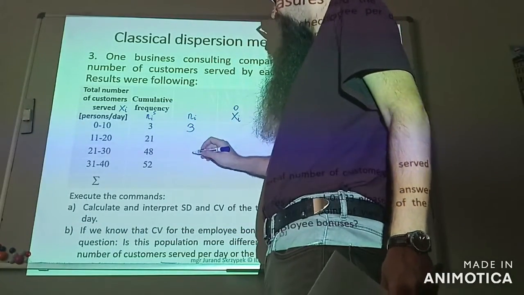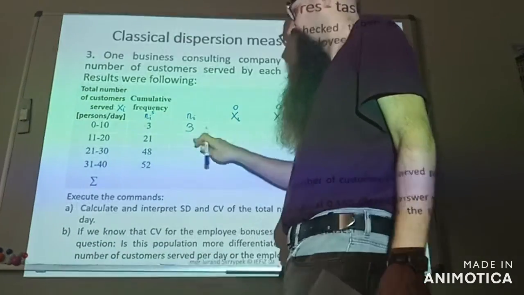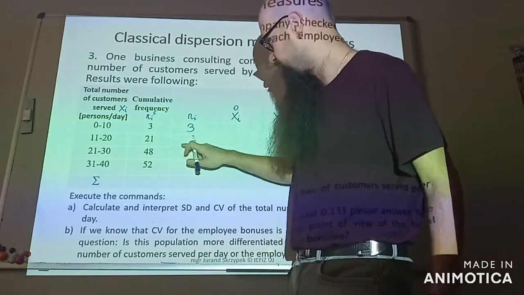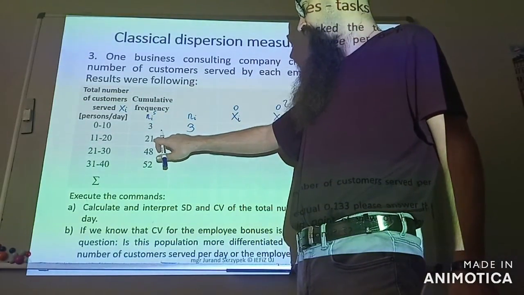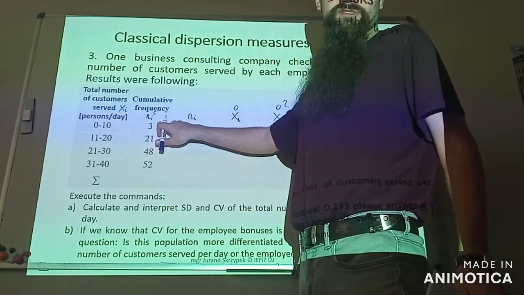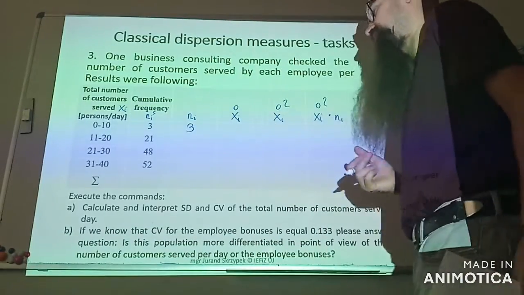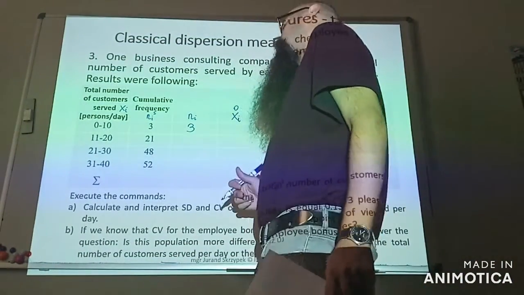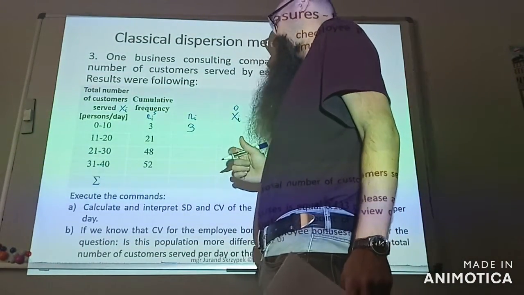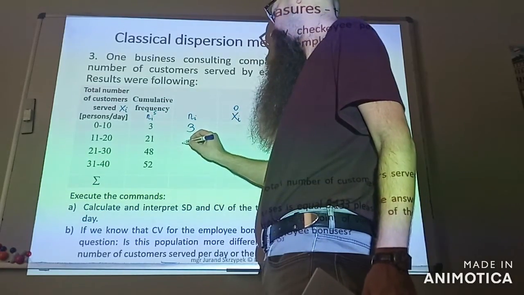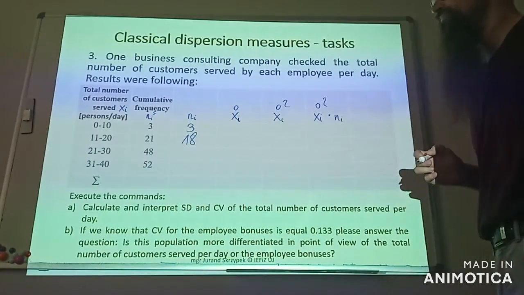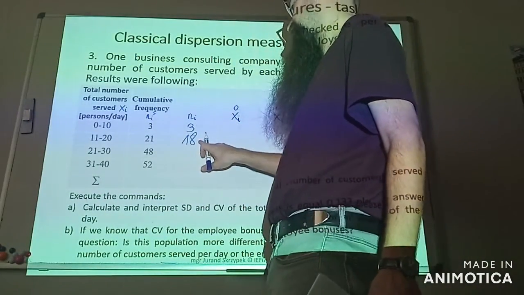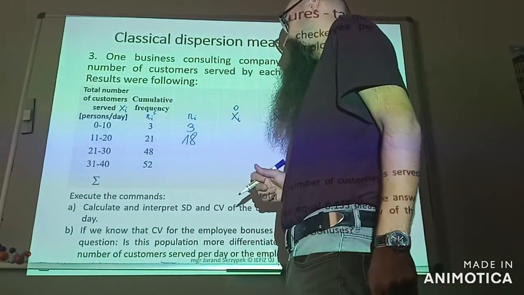And here we have actually the increase, the difference between a particular cumulative frequency and the previous cumulative frequency. So 21 minus 3 is 18. Yeah, 3 plus 18 is 21.